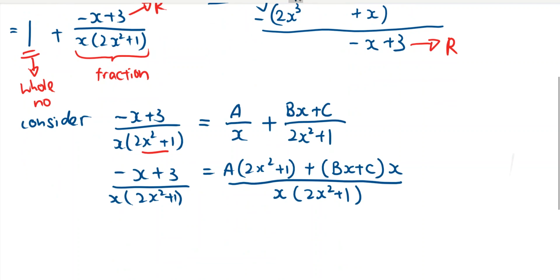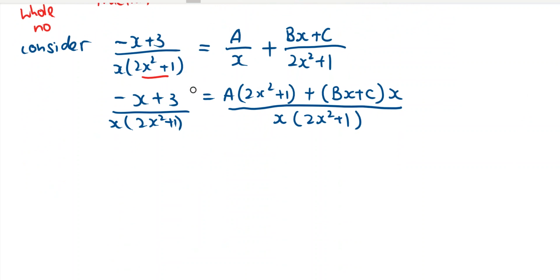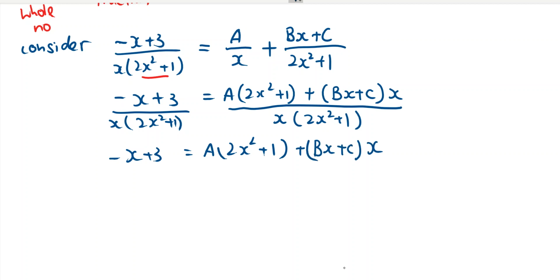Now we can say that, because the denominator is the same, minus x plus 3 is equal to a bracket 2x squared plus 1 plus bx plus c bracket x. First, we always let x be something so that we can, now we have 3 variables, a, b, and c.